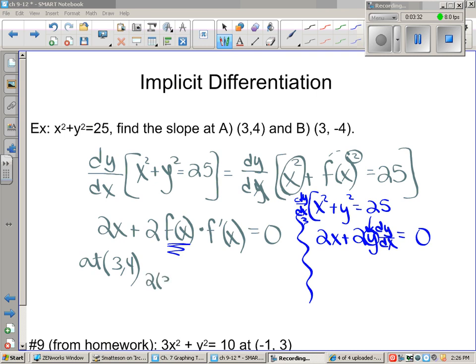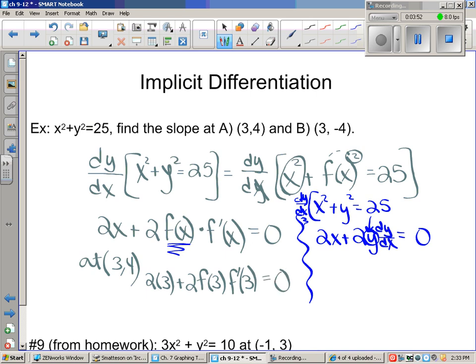So 2 times 3 plus 2 times f of 3, because that's what x is, times f prime of 3 equals 0. Okay? Now remember, what we're trying to find is the slope, or f prime of 3. This is what we are solving for. So what we're basically going to do is say, okay, this is 6 plus 2.